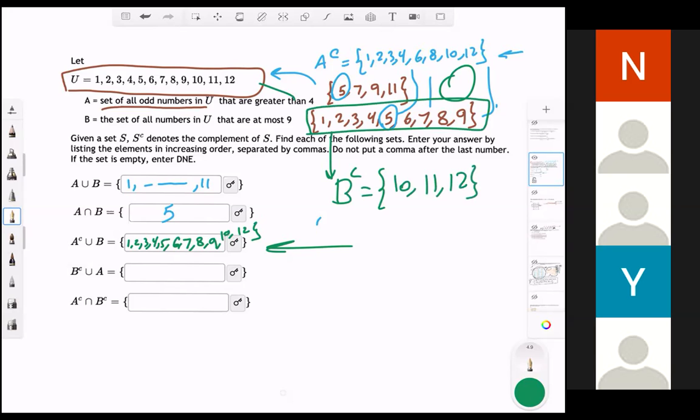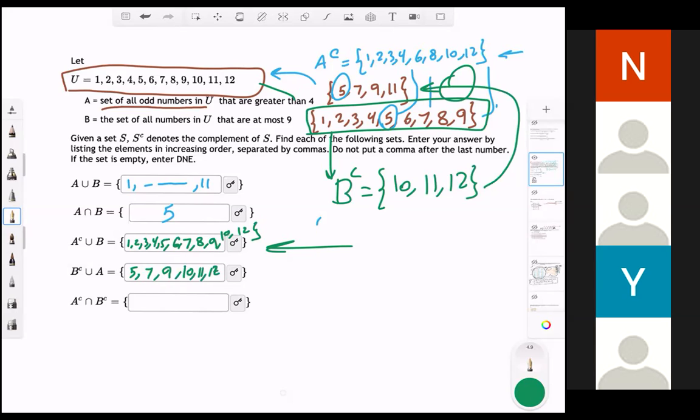This is B complement. Union by A. If I add them up, we get 5, 7, 9, 10, 11, 12. Again, we need to order them in increasing order.